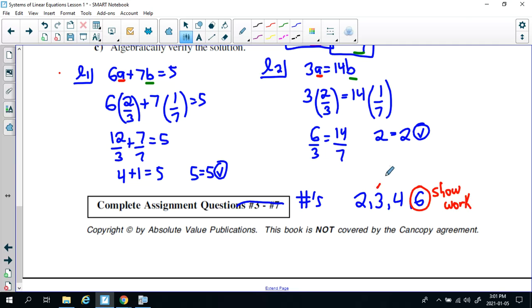And then for questions 3 and 4, only do parts B, D, and F. So every second question. It'll tell you to verify, but you don't need to verify, okay? So no need to verify. For number 2, you can do a verification.